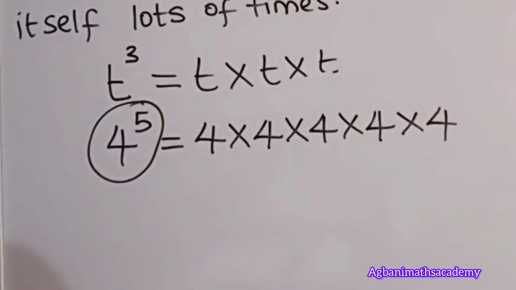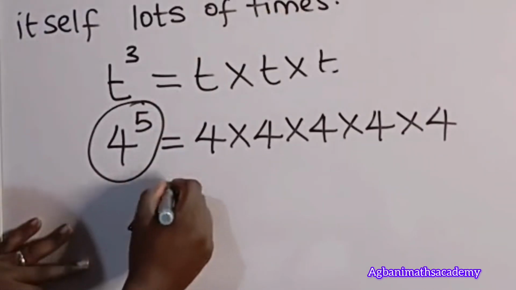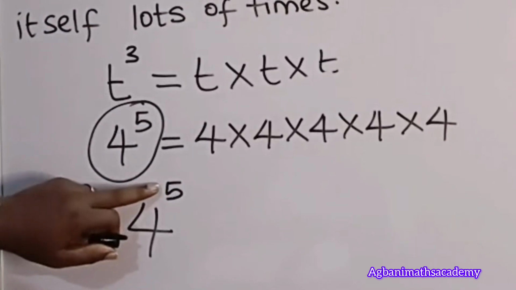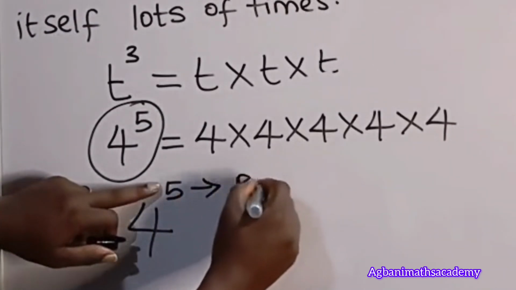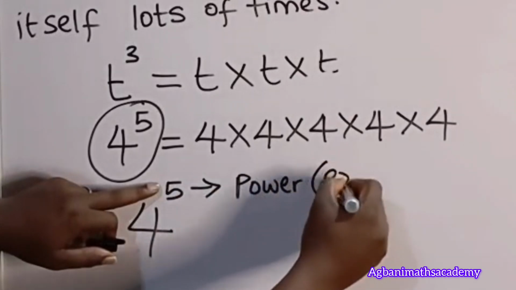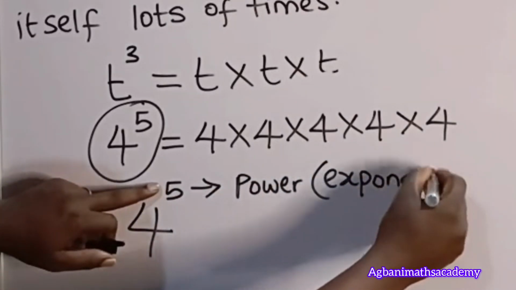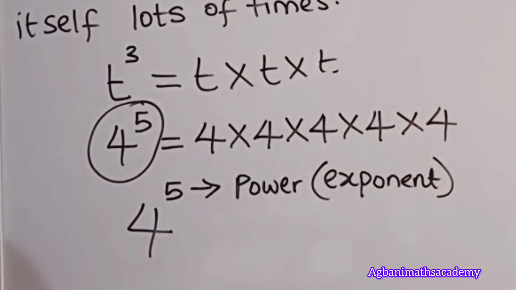Now, if you have 4 to the power of 5, the number at the top here is called the power or exponent. The number here is called the base.